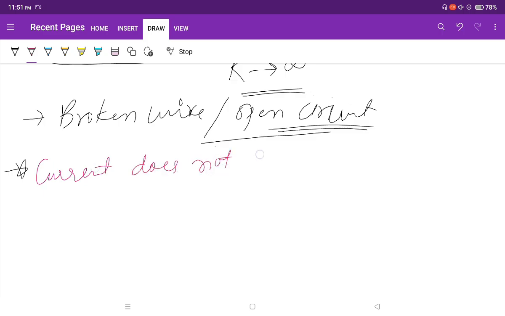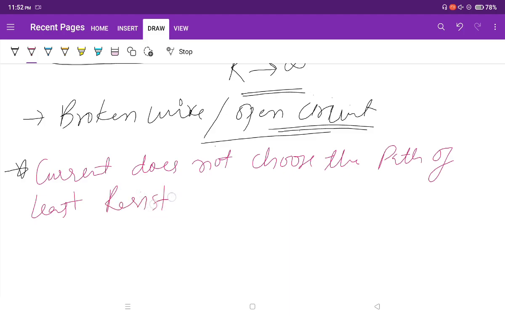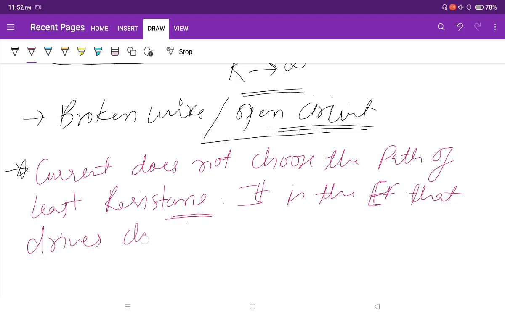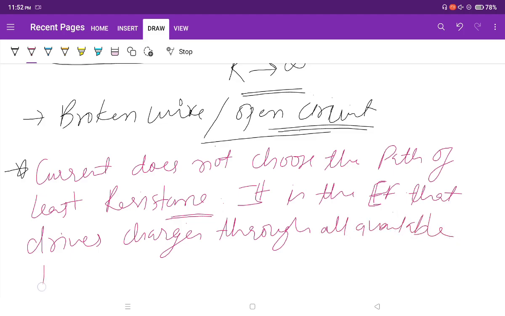It is the electric field that drives charges through all available paths.